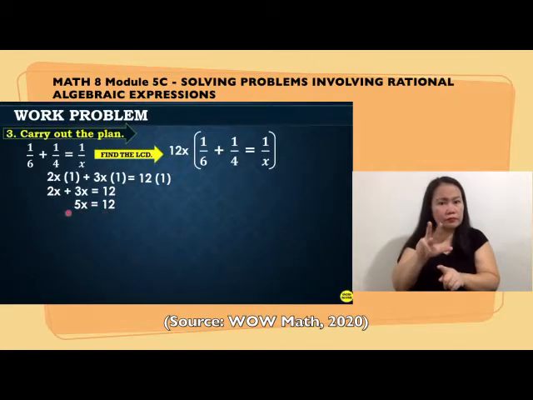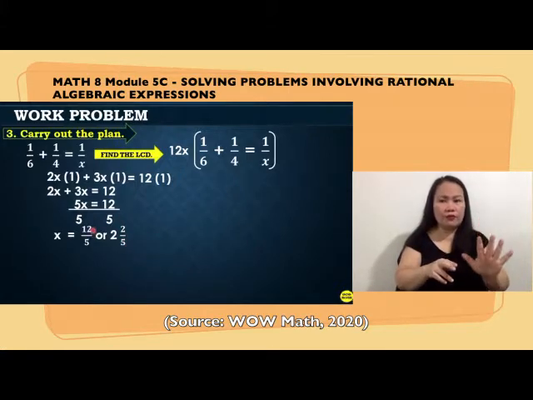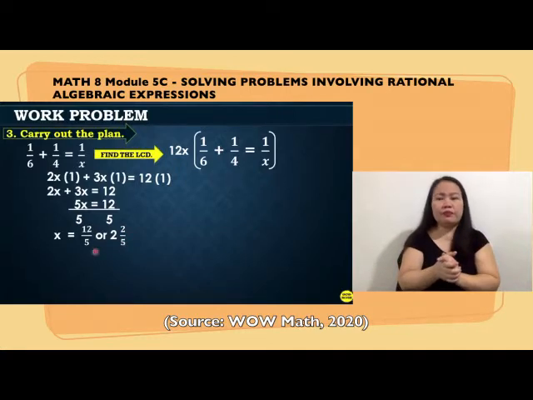Divide both sides by 5. So, cancel ang 5 natin. We have 12 over 5 or 2 and 2/5, as equivalent to 12 over 5. So, kapag sinimplify natin si 12 over 5, we can have 2 and 2/5. So, these two are equivalent.